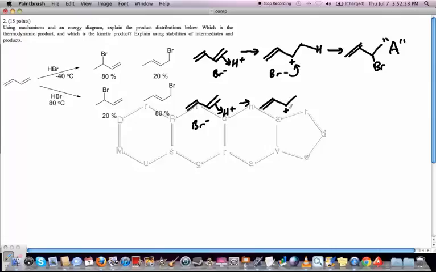Again the positive charge ends up here, but also what can happen now is this double bond can resonate and put the positive charge on the end of the chain, and then the Br negative comes in, attacks that C plus, and we end up with our second product, which I will call B.